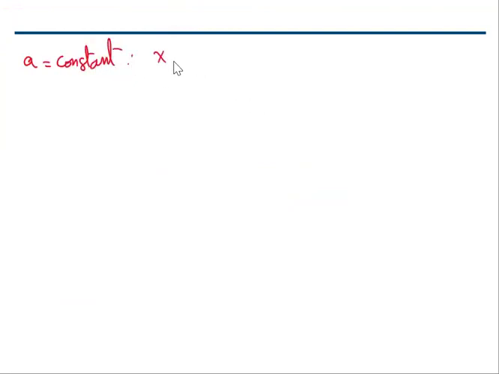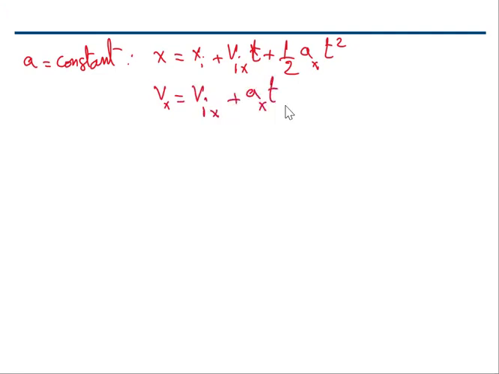We can write x final equals x initial plus v initial x t plus half of a x t squared. This is for the position. For the velocity, v along x is v initial x plus a x t.